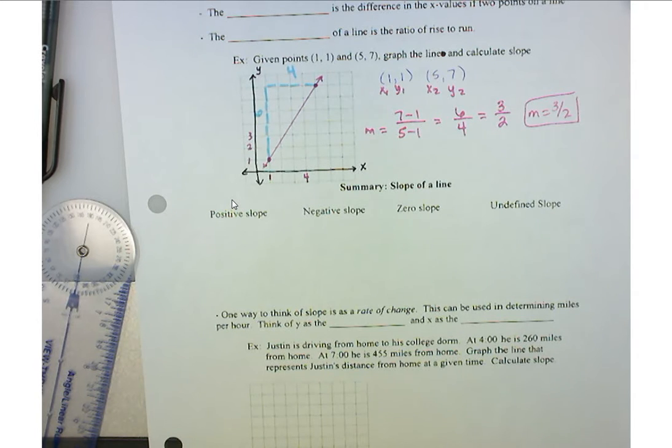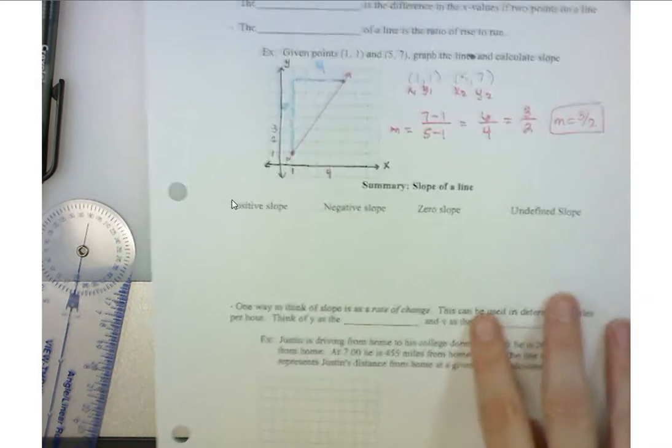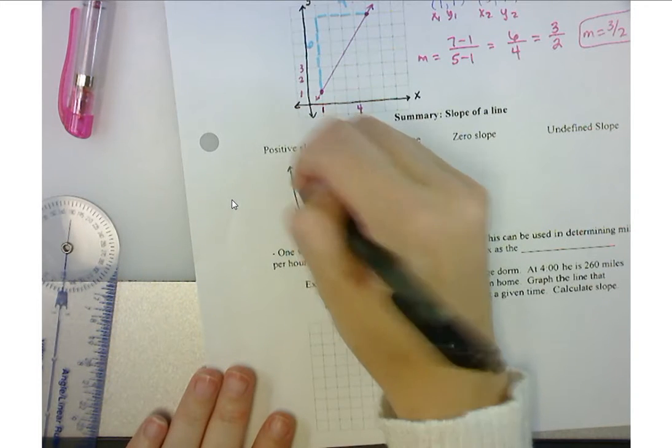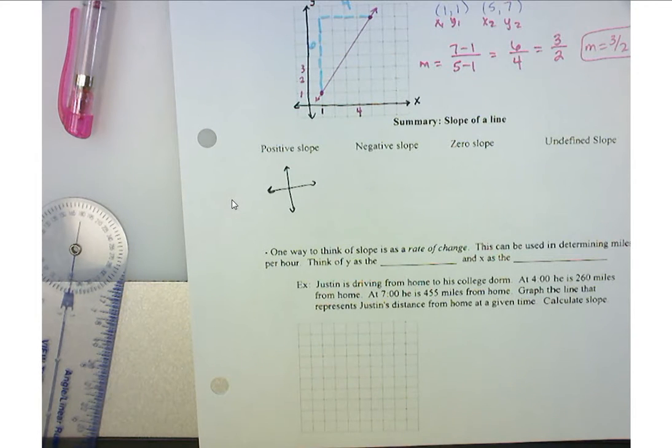All right, so now we're going to do just a quick summary of the slopes of a line. So if there's a positive slope, we're just going to draw a rough sketch here. If you're looking at the line from left to right, what direction is that line going?